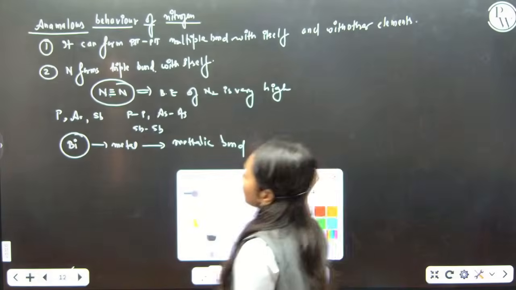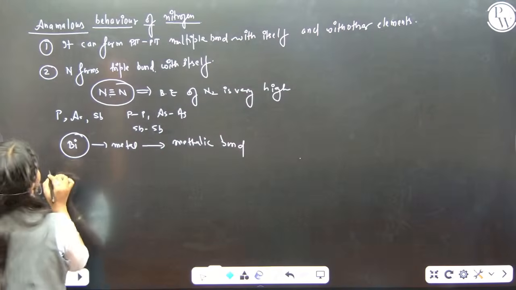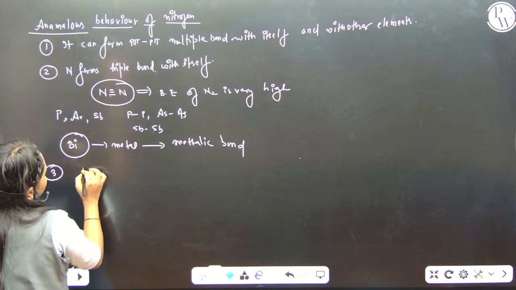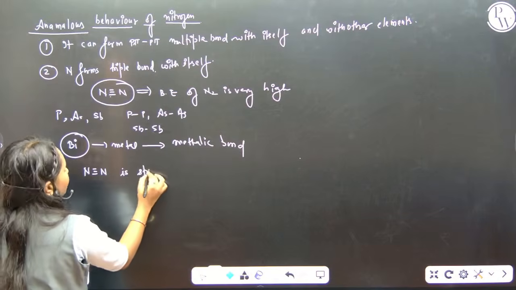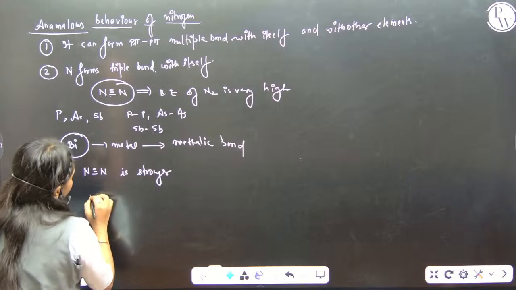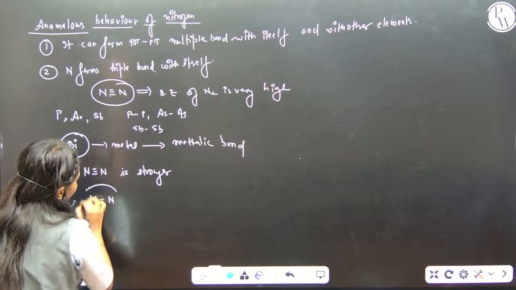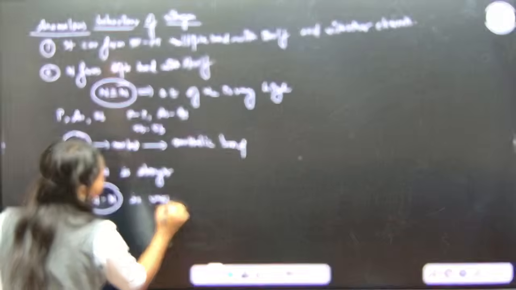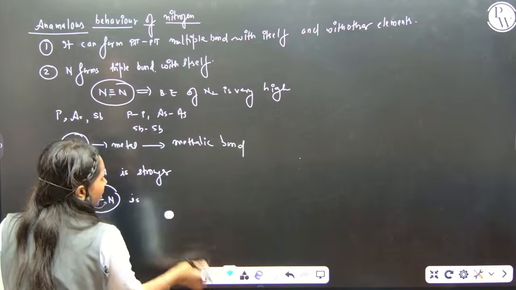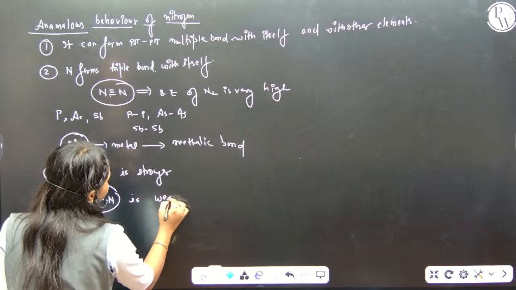N triple bond N is stronger, right? But when they talk about N single bond N, it is weak.